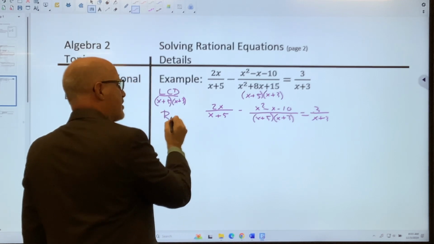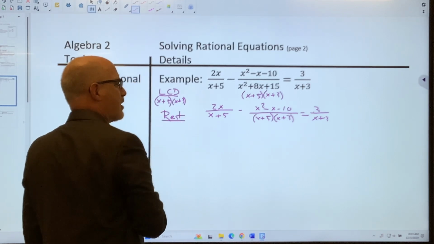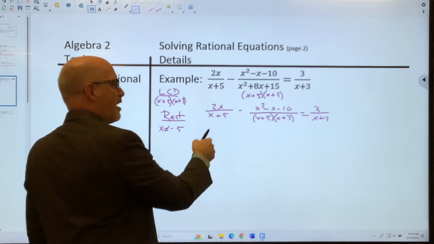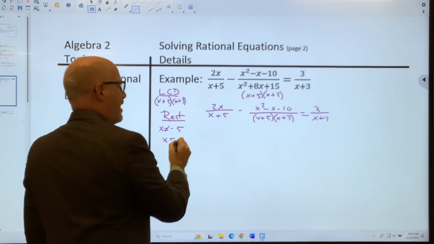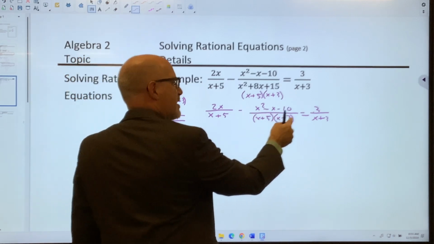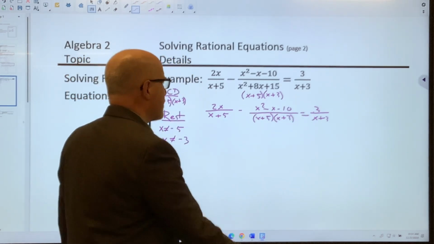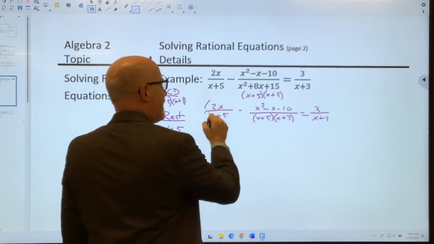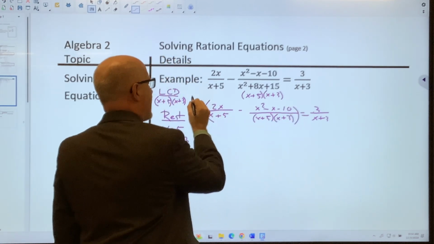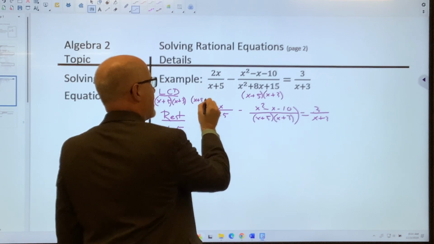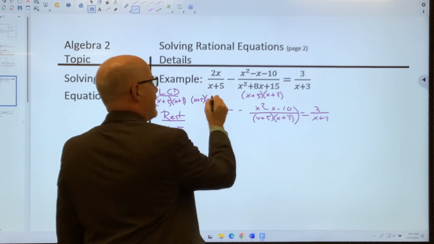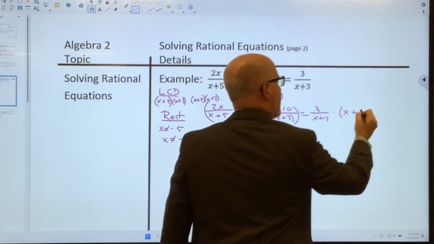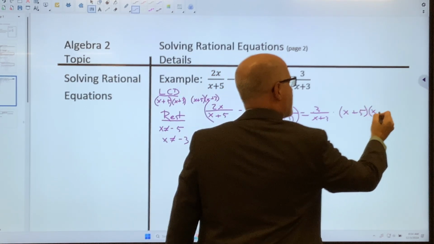Let's list our restrictions here because we have to always check our restrictions. X cannot equal -5 because of this denominator and that one, and x cannot equal -3 because of this denominator and that one. So let's go ahead and multiply both sides. We're going to multiply this side by the LCD, which is going to be x plus 5 times x plus 3. So multiply this side by it. We multiply it over here also, x plus 5, x plus 3.